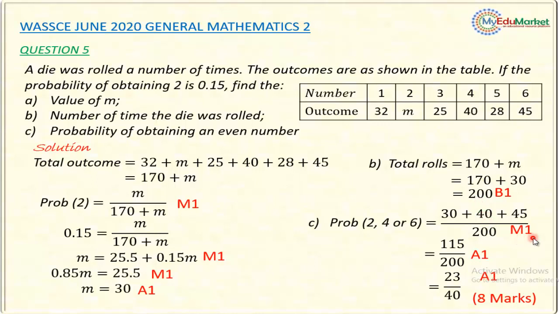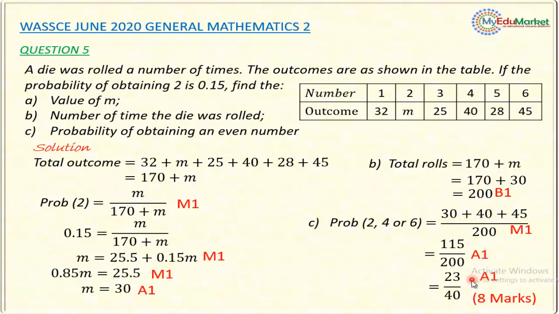The next mark is where you are attempting to get the probability of even, that is probability of 2, 4, or 6. By substituting your required outcome over total possible outcome, you have that method mark. You have an A1 mark, where you added this correctly to get 115.